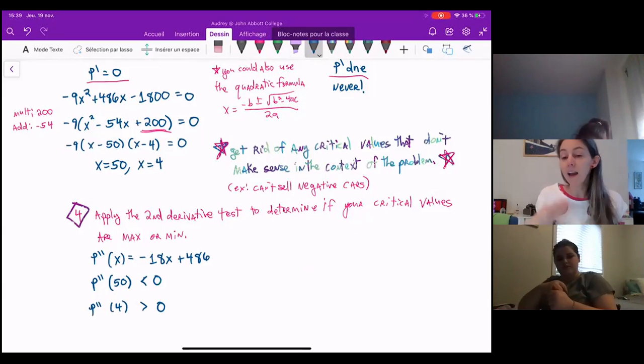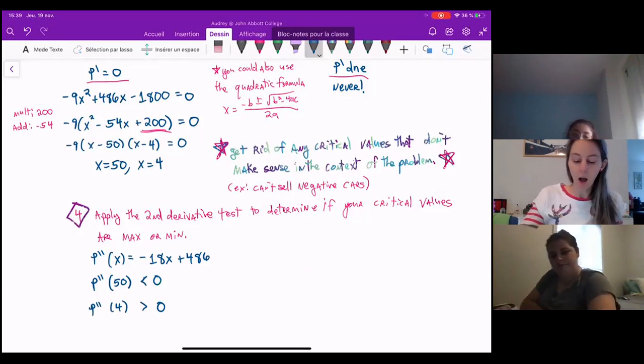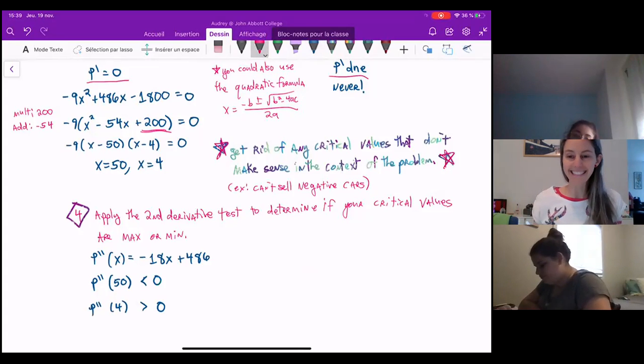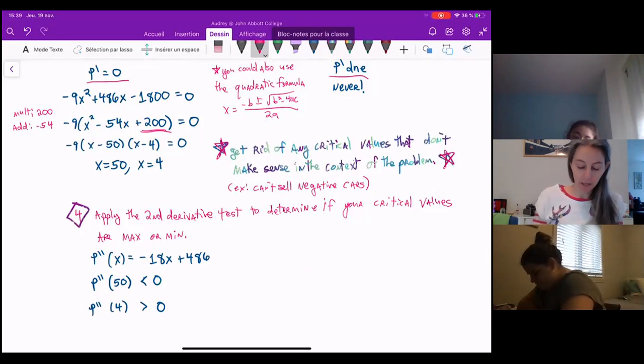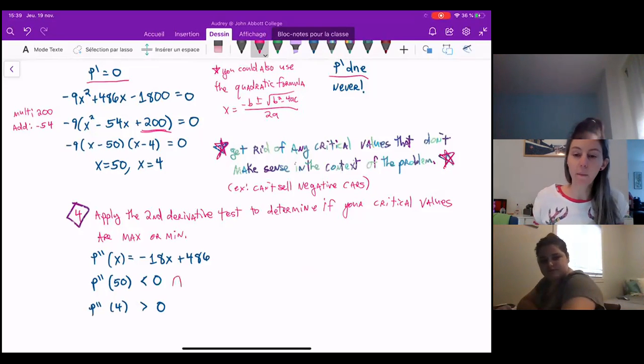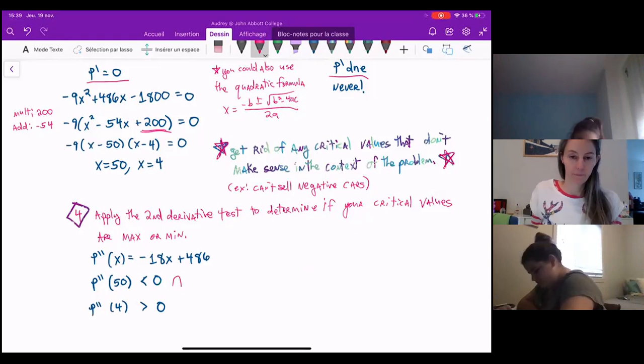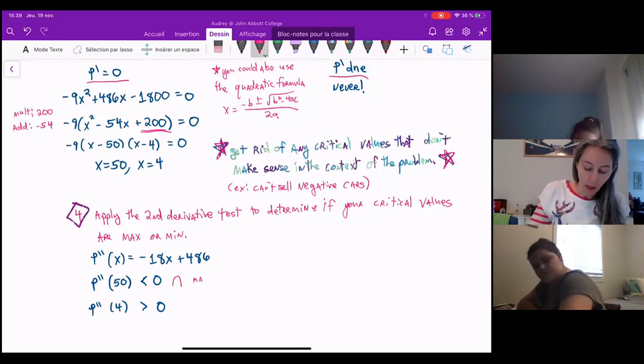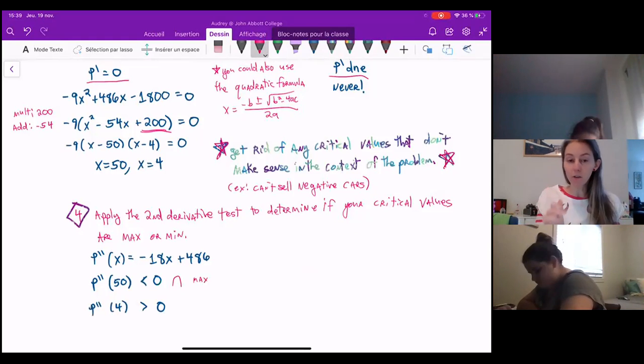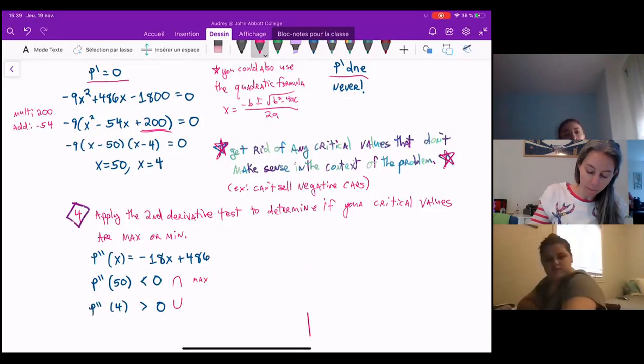If I get a negative value for my second derivative, is that concave up or concave down? Concave down. So is the 50 a max or a min? You got it. And if it's greater than 0, that's concave up, so that's a min.